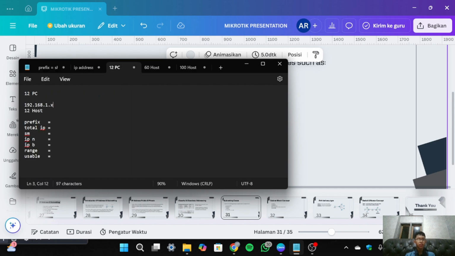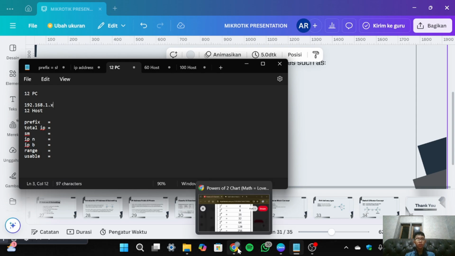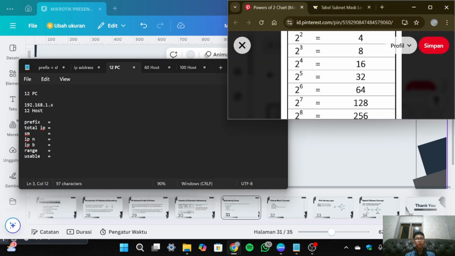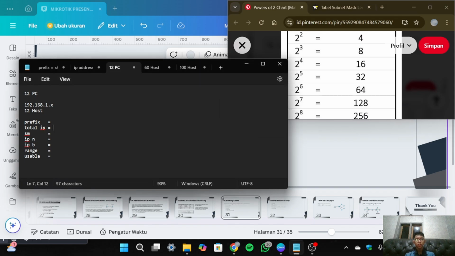So for example, if you have 12 PCs in some room, you just need 12 hosts. And to calculate the prefix, you need to find the power of 2 whose value is close to the host. So in this case, the close value to the host is 2 to the power of 4, which is 16.